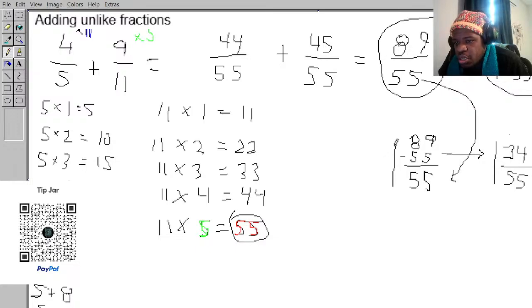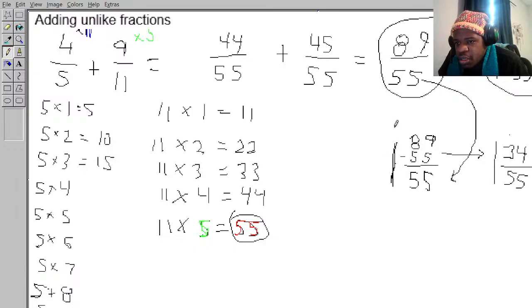So this 1 comes from, let me just make this a different color. I'll make this pink. This 1 comes from this work.